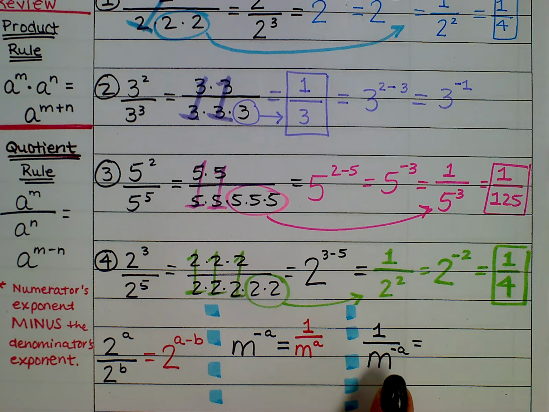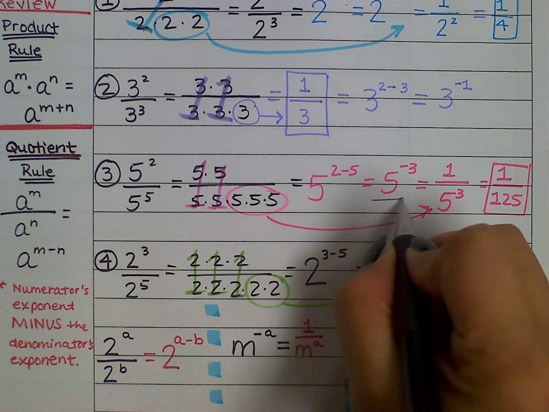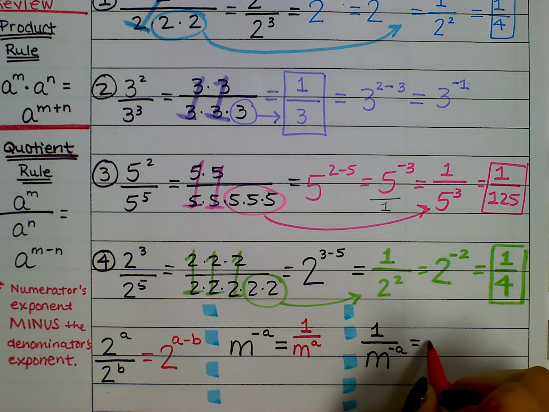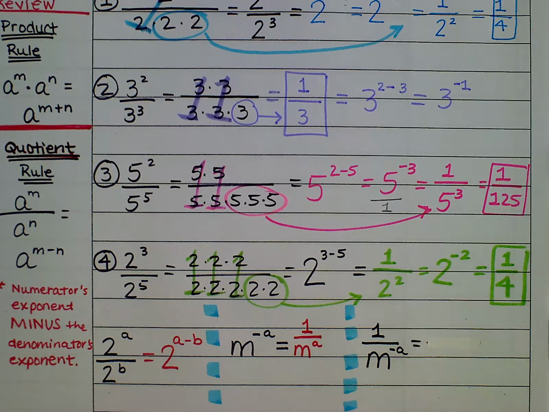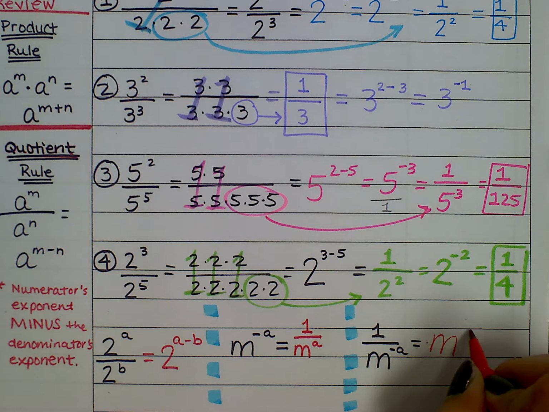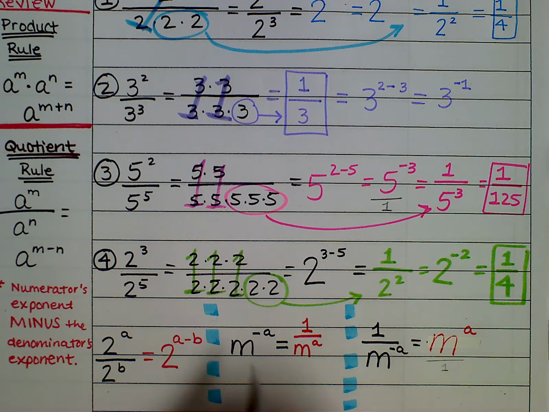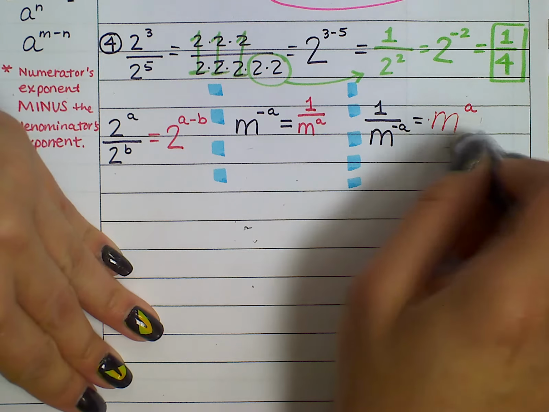Now this time I already have my negative in the denominator. Before it was up here technically in the numerator. So what I would do is just flip it around, and that would be m to the power of positive a. Technically, I could write it over 1, just like I could have written this over 1, and all we did was flip it to get our reciprocal. But is that necessary? No. So you can simply erase that off if you don't want it there.